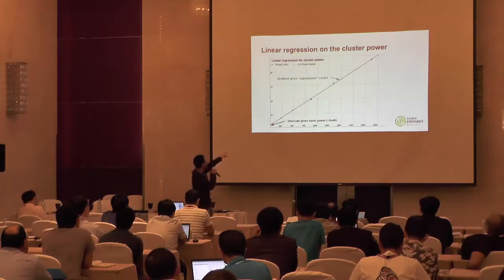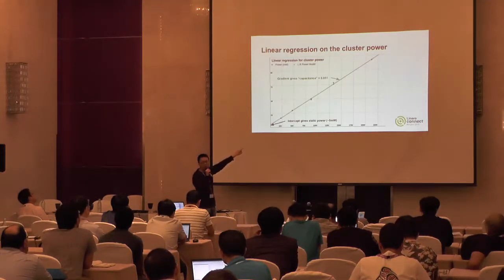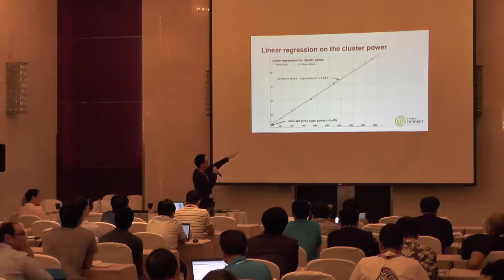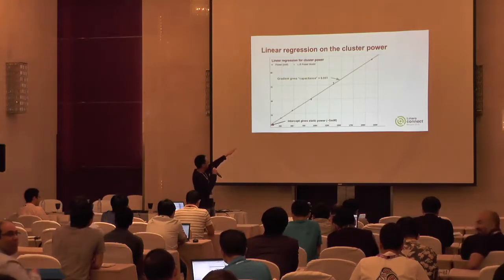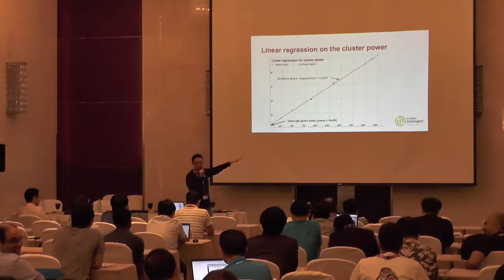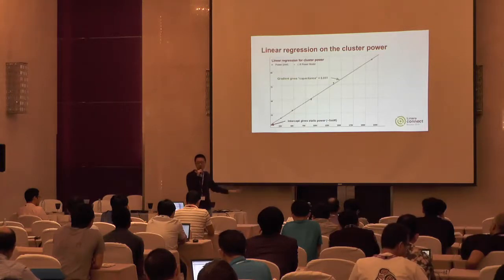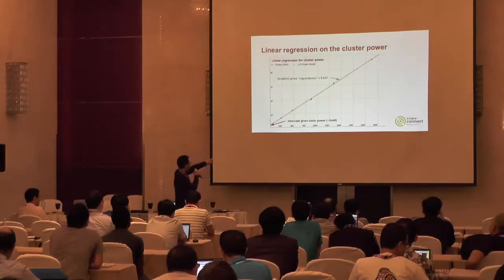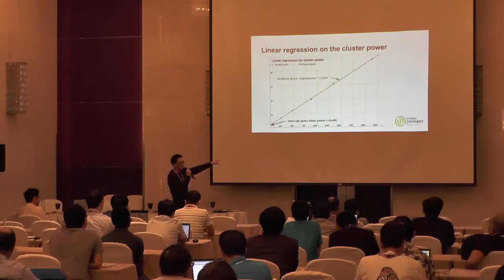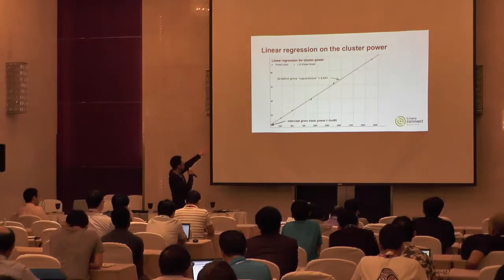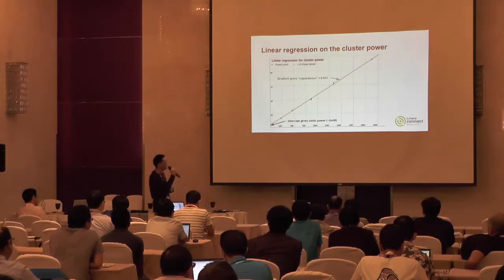The blue points are our measured data, and we apply the linear regression on this measured power data. Then we get this linear line right here, and it matches well with our measured power data. Finally, we get an intercept of about 5 milliwatts, and the gradient, which equals our capacitance, is 0.051.